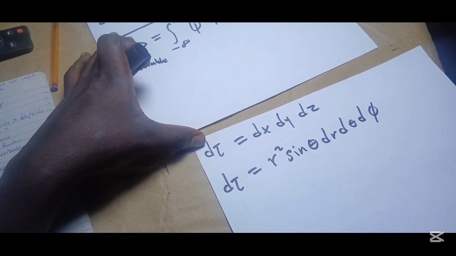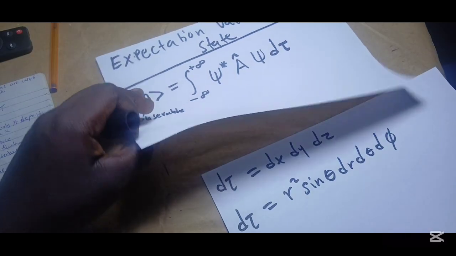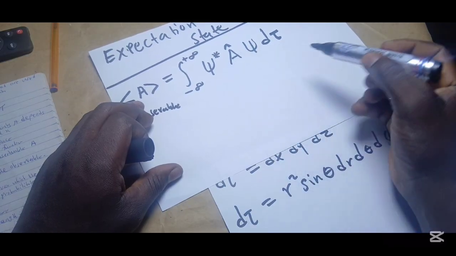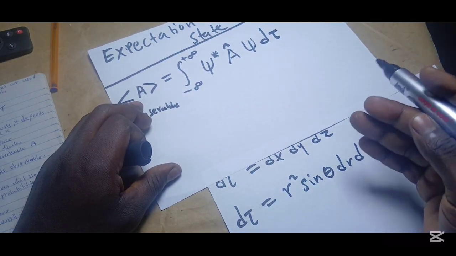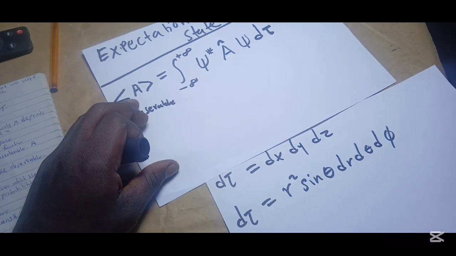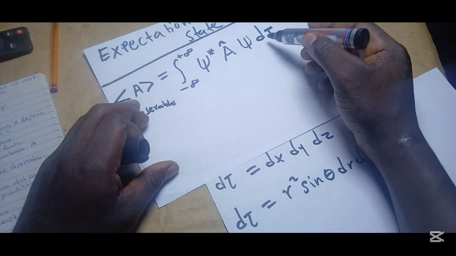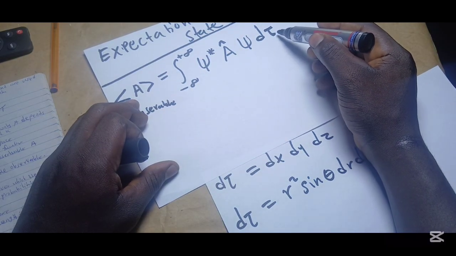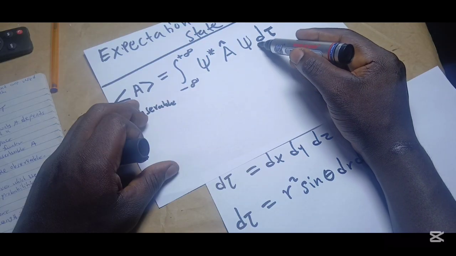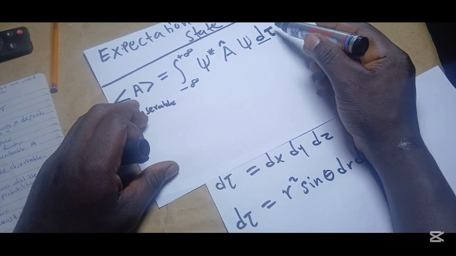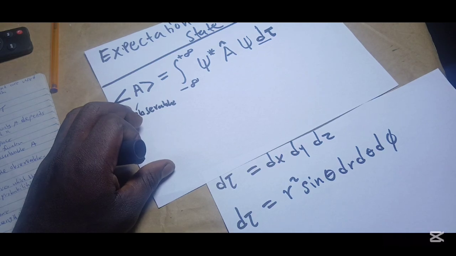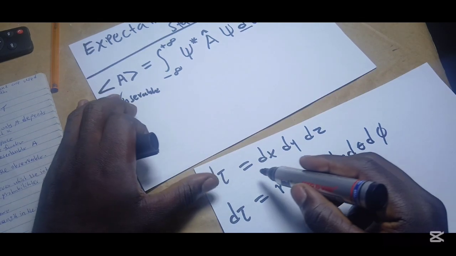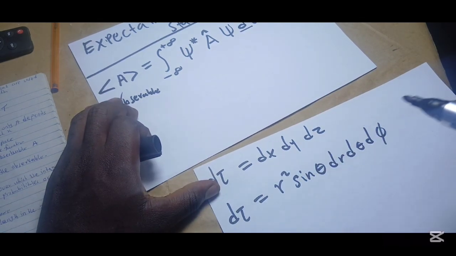So that is what you need to know. If the wave function is in terms of x, we can just replace this term here by dx. If it is in terms of x and y, we can replace this term by dx dy. So d tau means it is covering all of these. It can be a Cartesian coordinate or spherical coordinate.